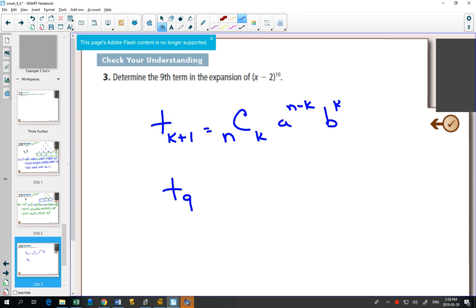Close. 11. Always one more than the exponent. There would be 11 terms in that expansion. And we want to find the 9th one. To find the 9th one, k would be 8. N is always the exponent, so we would have 10 choose 8. Our first term is x to the 10 minus 8, which you could just write 2. And the second term, if it's subtract, we add the negative with that term to the exponent of 8.